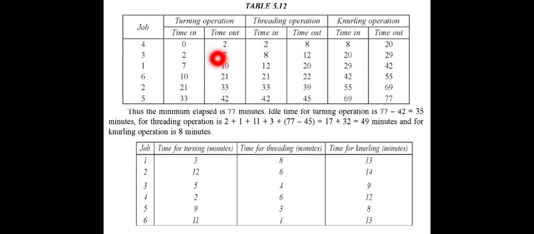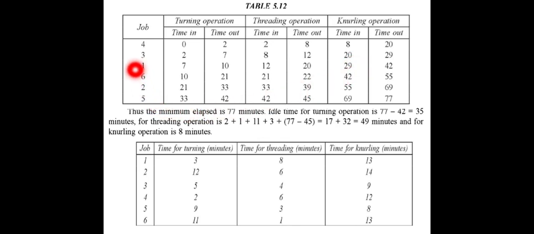Whichever is maximum has to be written here as time in, because until this job is completed, it can't go to next machine. That's why this timeout has to be compared with this timeout and has to be written here, whichever is maximum. Similarly here 20 and 12 has to be compared, whichever is maximum has to be written as time in here.